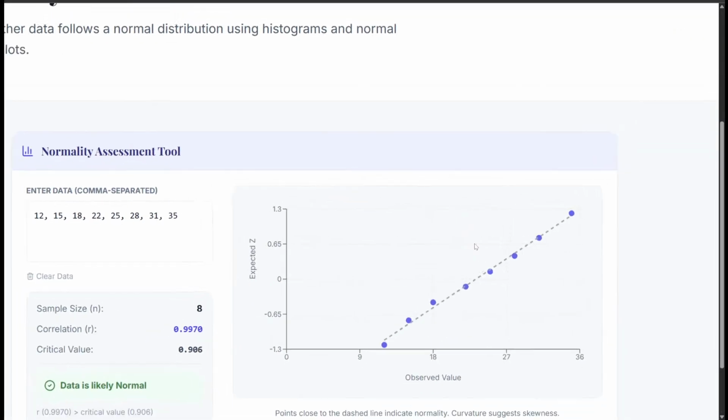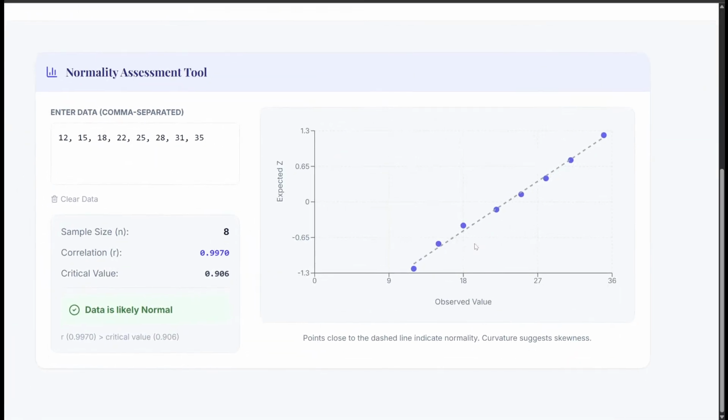So what this tool does is you're going to type your numbers in here, and it's going to graph them. So does that kind of look like a line? Look pretty linear? That's what you want. The data should be pretty linear when you look at a graph like this.